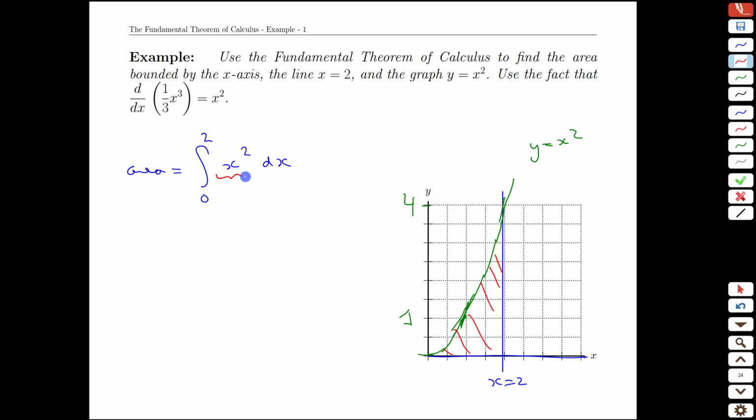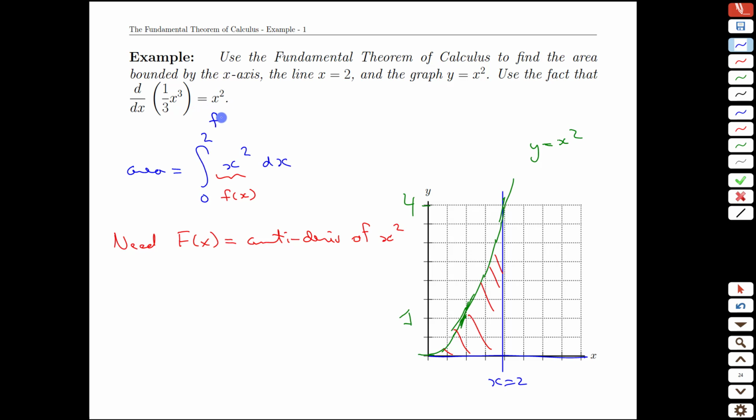That is what we called earlier our little f of x, and we need a capital F of x, which is equal to an antiderivative of, in this case here, x squared. Well, we've actually been given that as a little hint in our setup here.